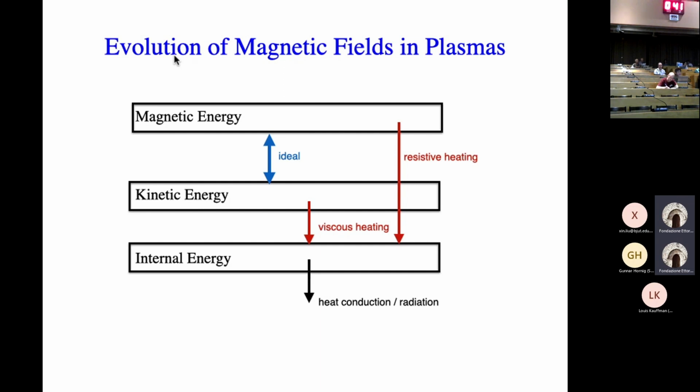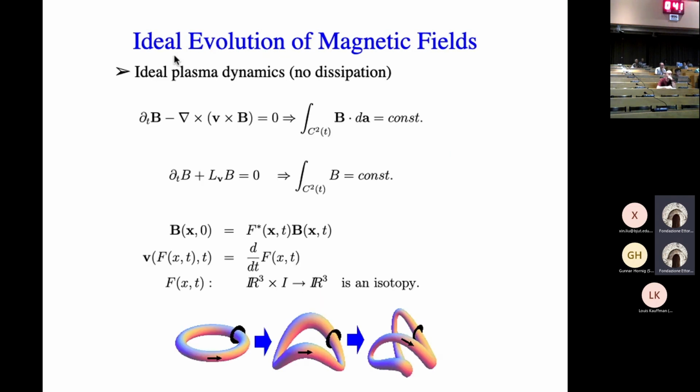They ignore the resistive term altogether and look at the evolution of the magnetic field without resistivity, and that's called ideal dynamics. And then your induction equation, which I wrote up there, gives you a conservation of magnetic flux.